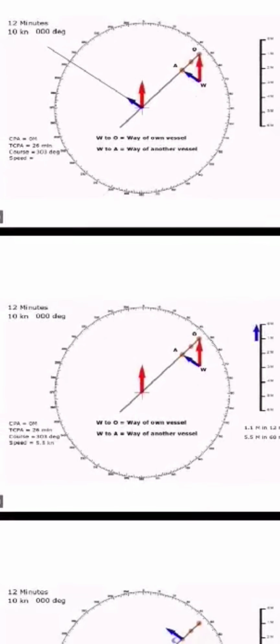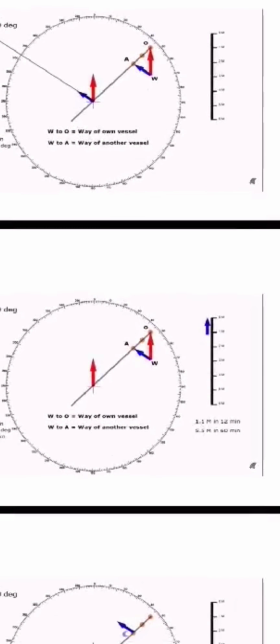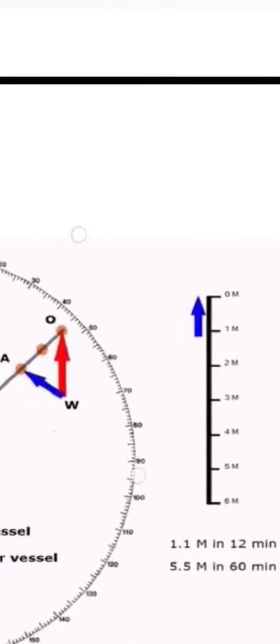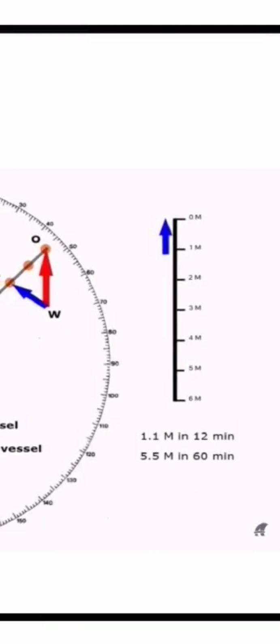The next one is we have to get the speed of our target. In order to do that, we have to measure this W to A and drag it to the distance scale. So now it is seen that it is 1.1 miles in 12 minutes.